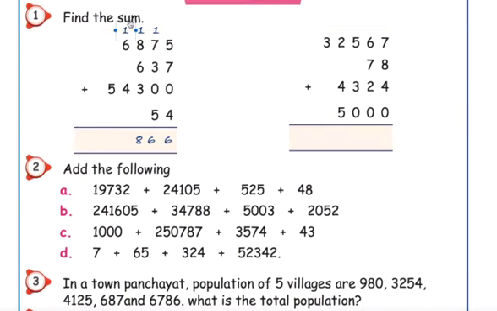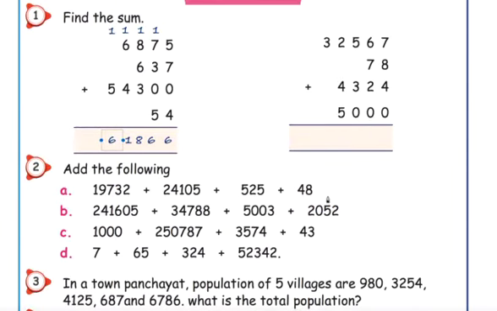So 6 plus 4, 10, 10 plus 1, 11. 1 will appear here in the 1000 place, and this one will go to the 10,000 place. So 5 plus 1 is 6, right? This is the answer.